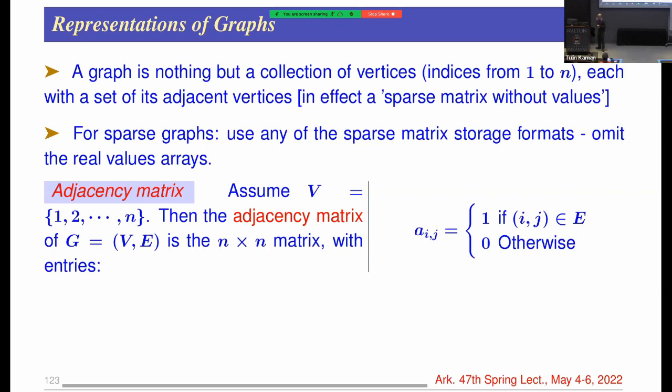So you're given a graph, you define this matrix A associated with the graph, which is defined as follows. You define A_ij to be 1 or 0. It's 1 if i and j are adjacent, in other words, if (i, j) belongs to E, if it's an edge, and 0 otherwise.